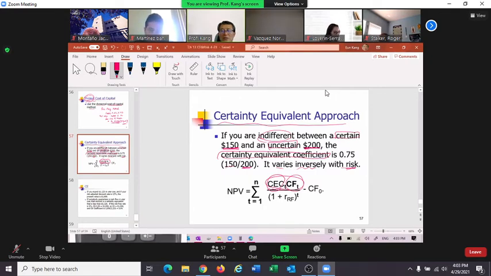So look at this, RF is the risk-free rate. Risk-free cash flow divided by the risk-free rate, and then subtract the investment, CF0. That is the NPV, right? So that is the third way of incorporating risk.